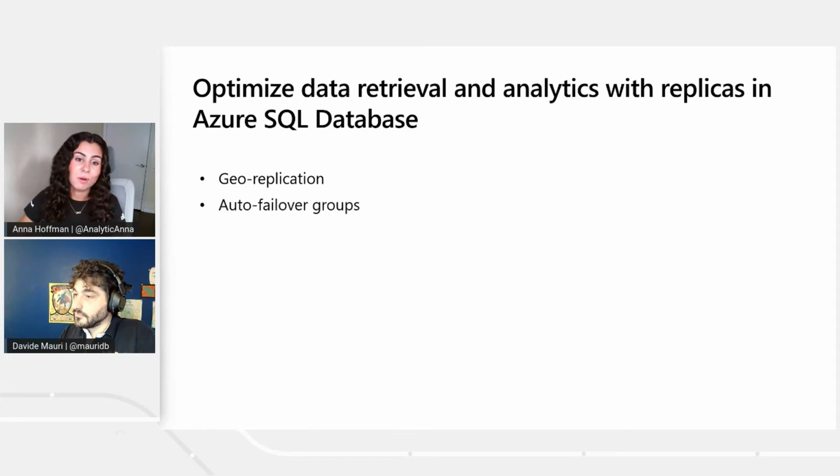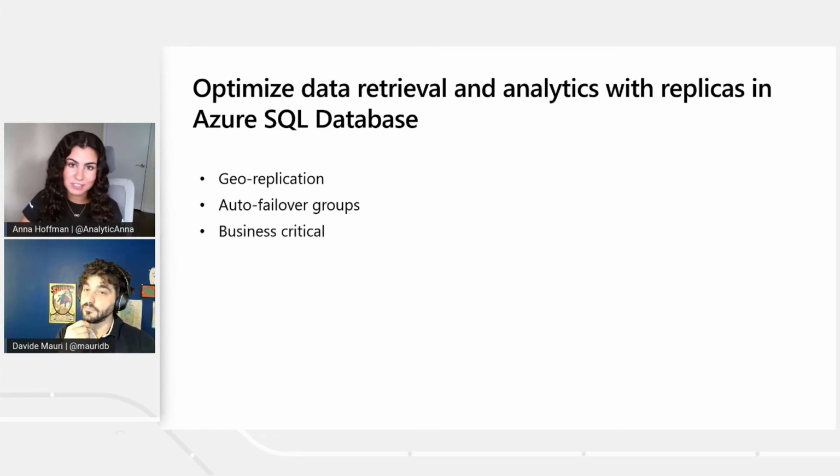Then there are also auto failover groups, which allow you to create a failover group to another region, and then you can fail over between them if you need, but you can also use that failover group for read-only workloads. Then in the business critical service tier, behind the scenes, we're deploying an Always On availability group, and so you get a read-only endpoint there.